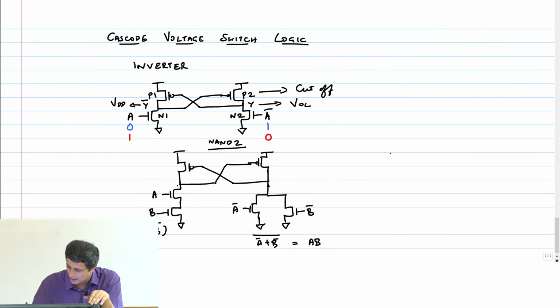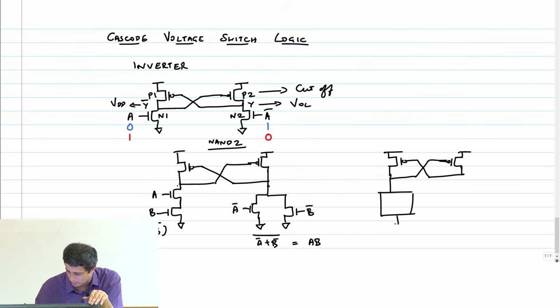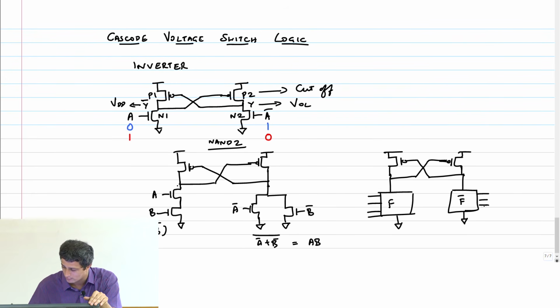Okay, so in general, you got to implement this. You implement the function f here, then you implement the function f bar here, and the inputs are connected to these guys.